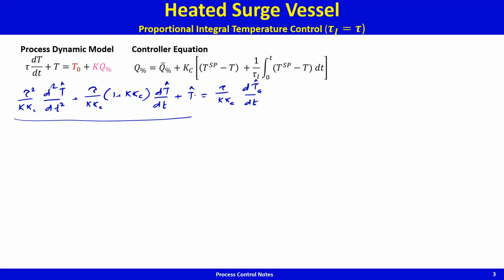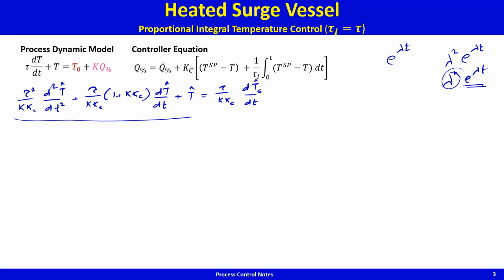We know this property is of the function e to the power lambda t. Differentiate it n number of times and you will recover the same function; if you differentiate it twice, you will get lambda square, and n times, lambda to the power n times e to the power lambda t. So you recover the function with a multiplier. This property of recovering the function after differentiation is that of e to the power lambda t.